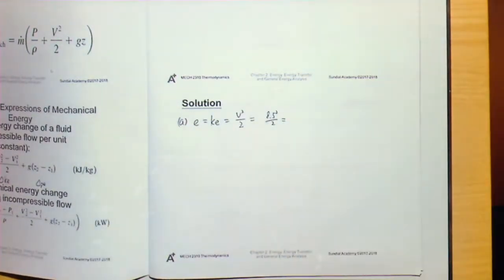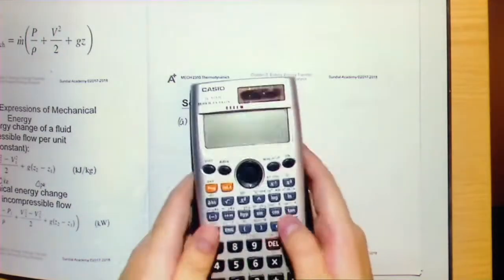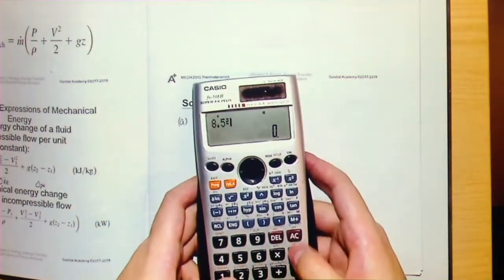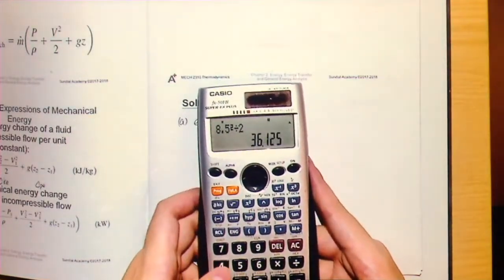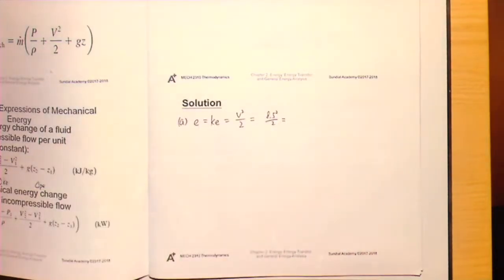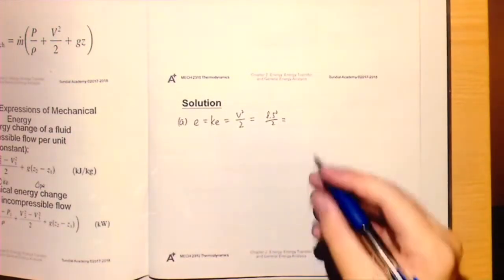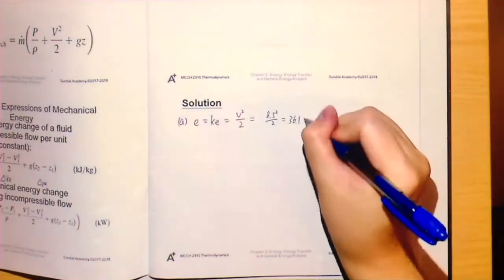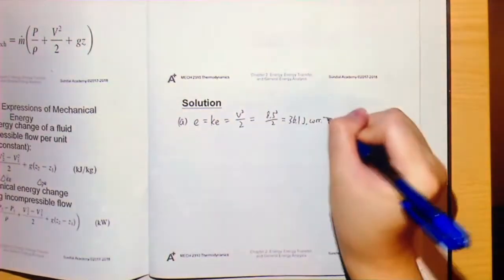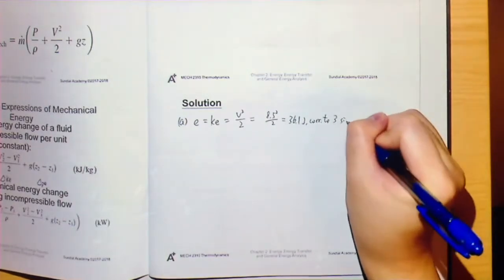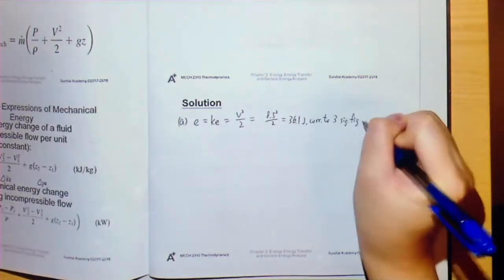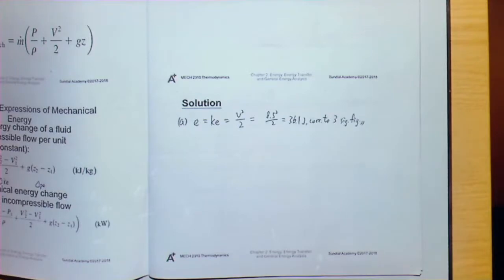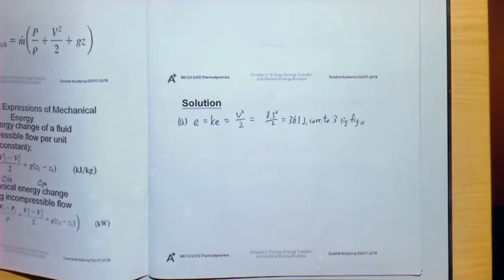As you can see, that will be 36.125. So we will write it as 36.1, correct to 3 significant figures. Got it?